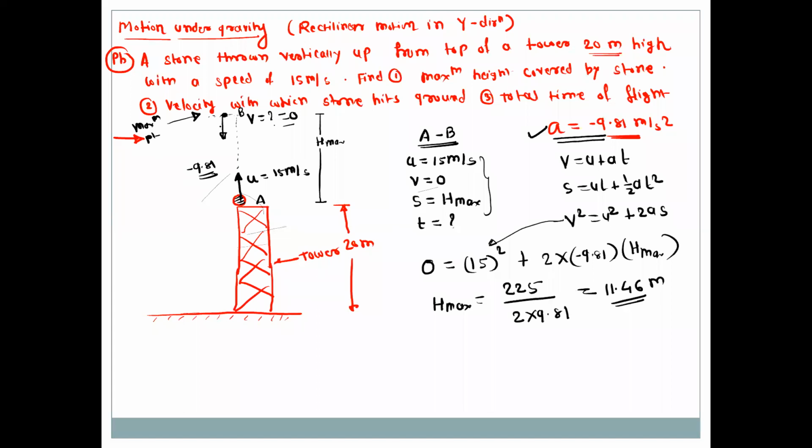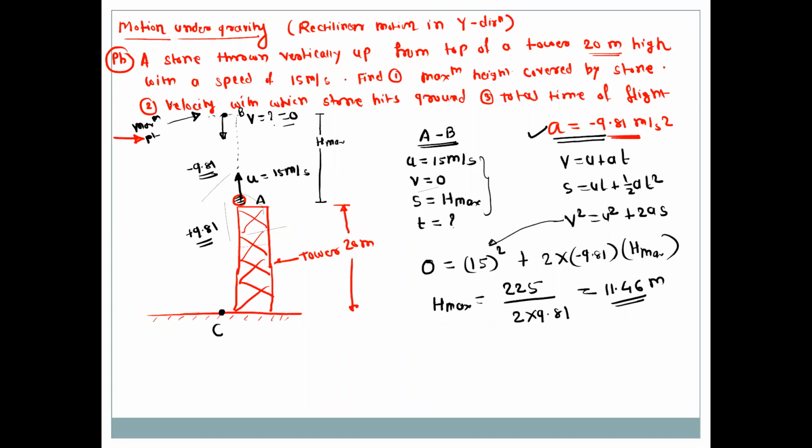But suppose we consider the motion from B to the last point, that is point C. For motion B to C, we have to consider the same value, but this will be the plus value, plus 9.81 meter per second square. Because here acceleration will try to increase the velocity from B to C. So at point C, we will get the maximum velocity.